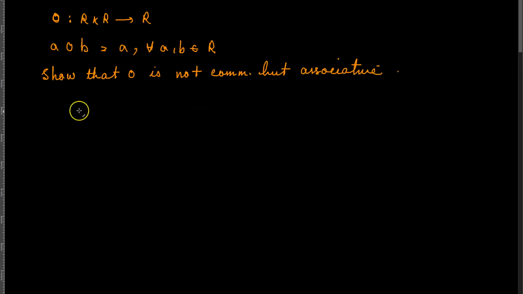Now if you can show that A star B is equal to B star A, for all A and B belonging to, for example, R, then you can say that star is commutative.